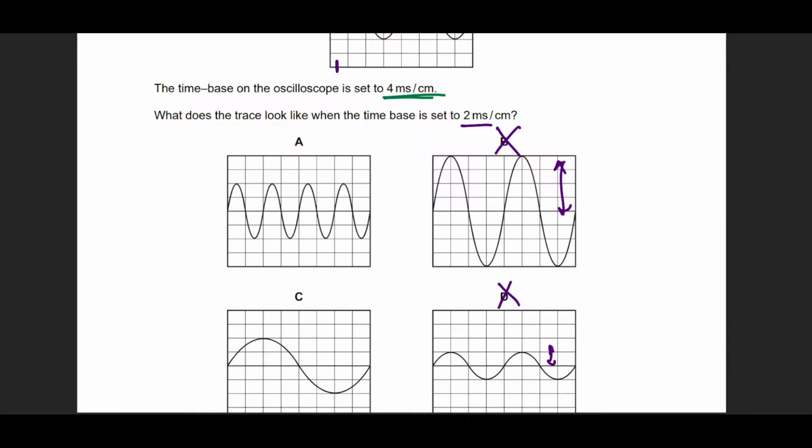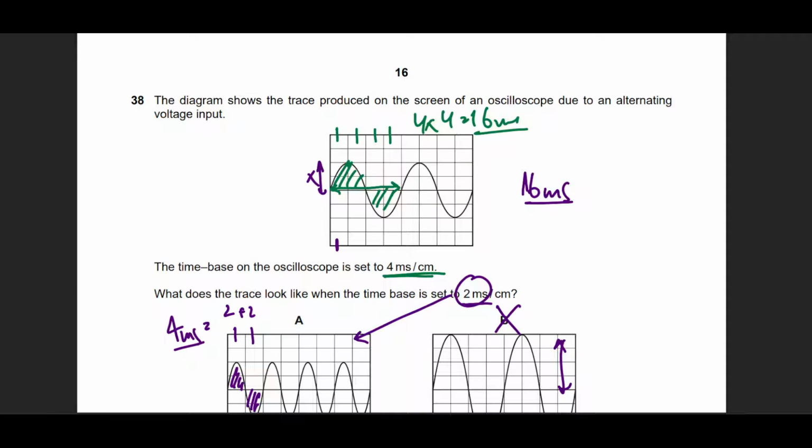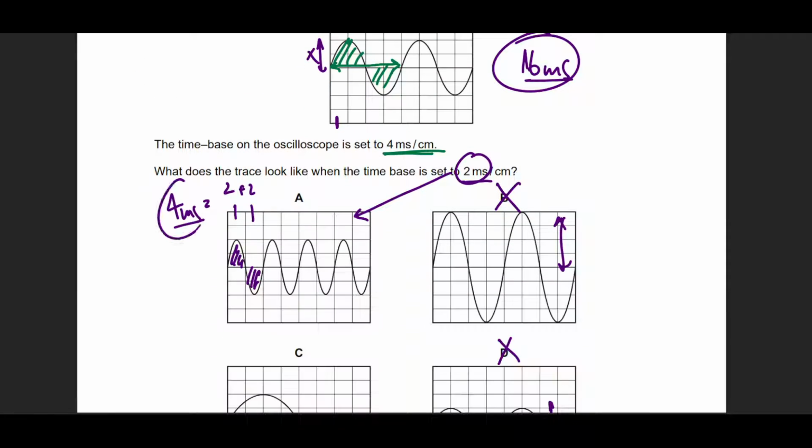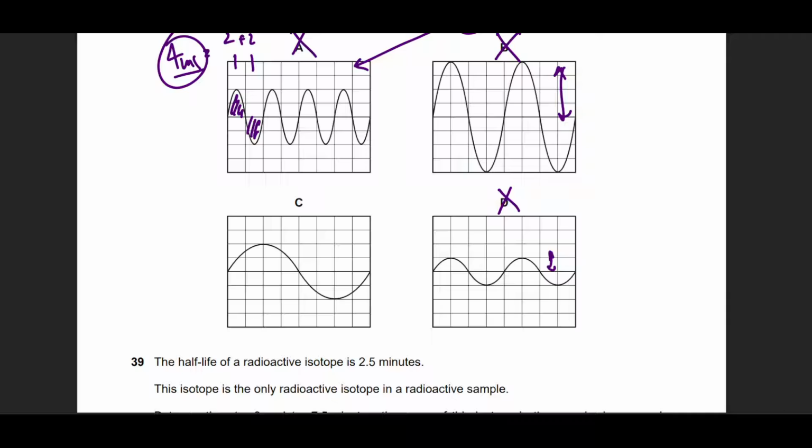Now, if I check option A at 2 milliseconds per box, you can see one wave is being completed within 2 boxes, so 2 plus 2, a time frame of 4 milliseconds. Is that the time period? No, the time period is 16. This is representing a time period of 4, which means that option A is incorrect. By elimination, I reach option C.